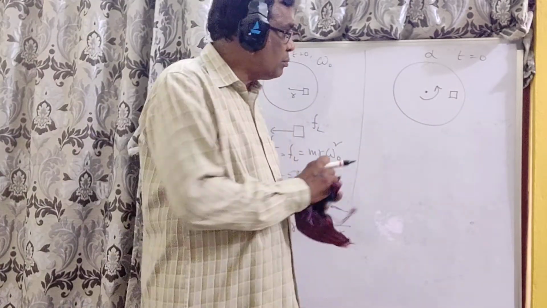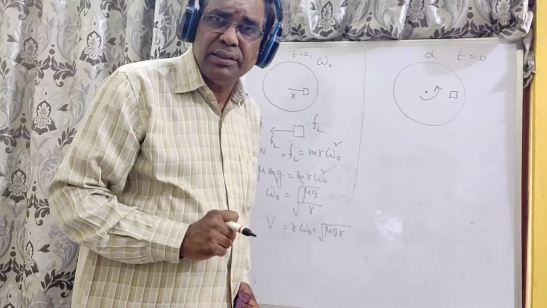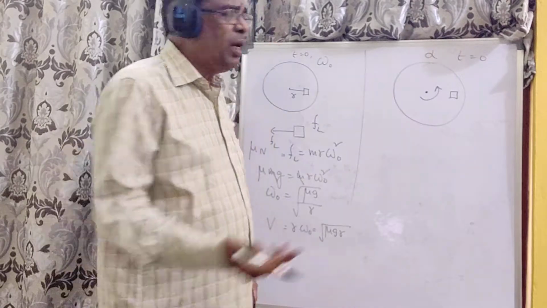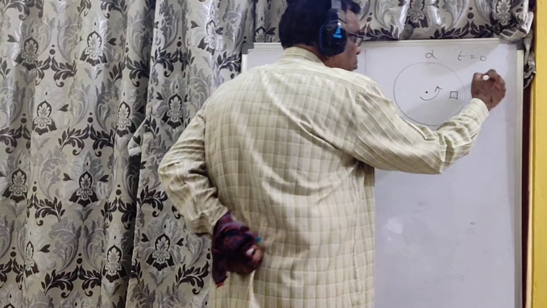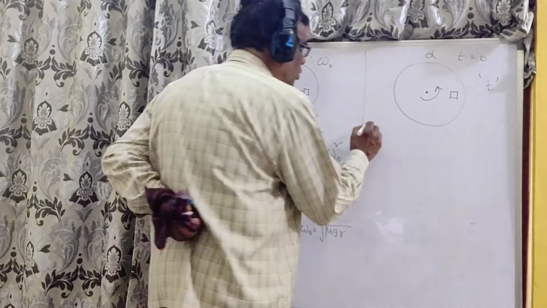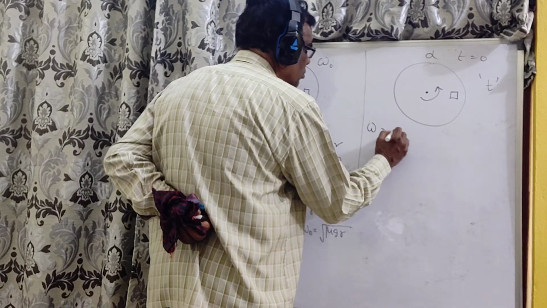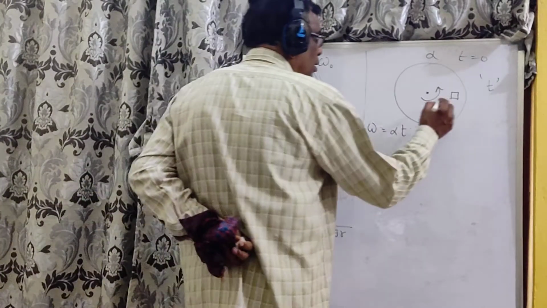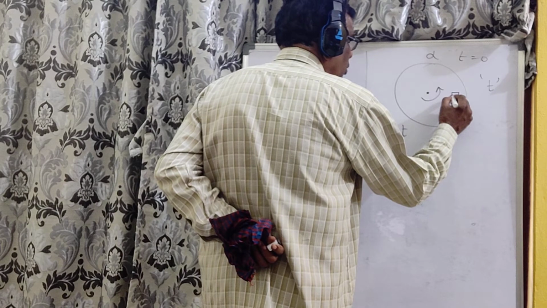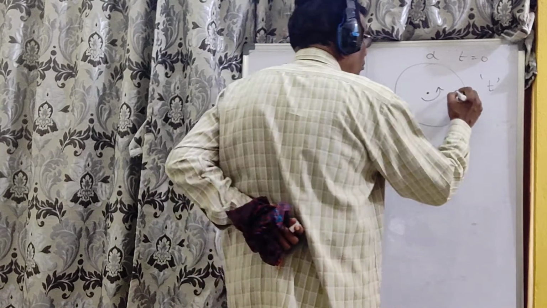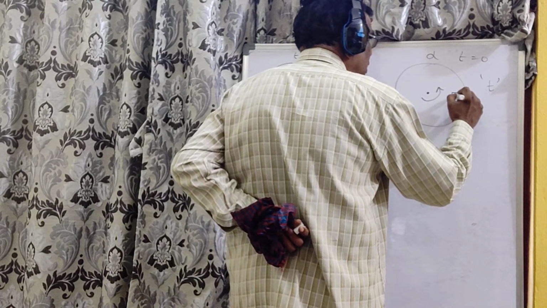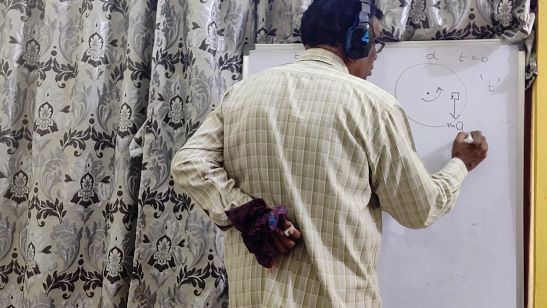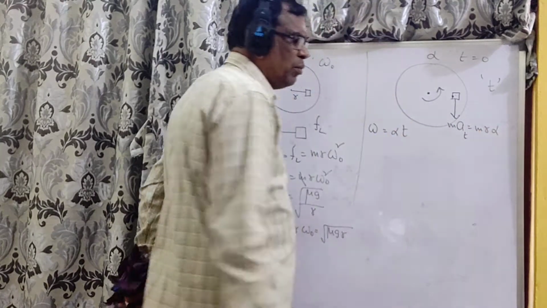Here, I have placed it first and then I have put it to rotation with alpha. Let me say it will start slipping at time t. At t, what will be the angular velocity? Omega is alpha t. Now, if you look, this is pseudo force m a_t, which is m r alpha.